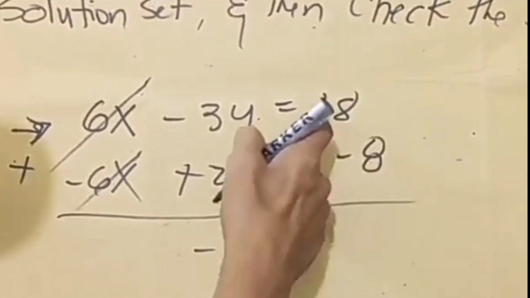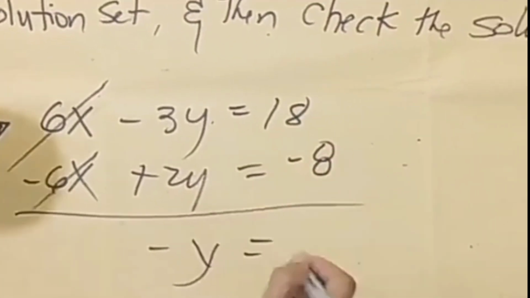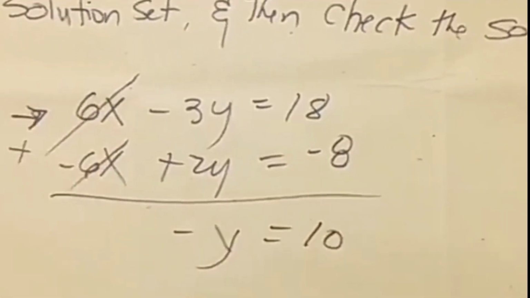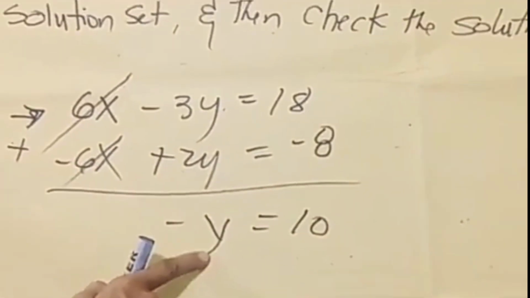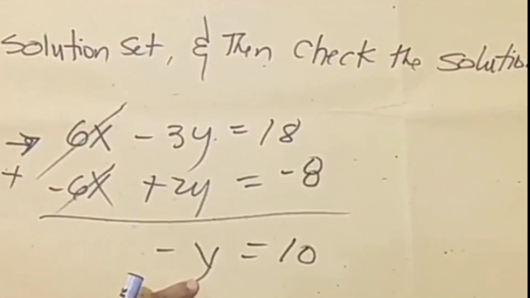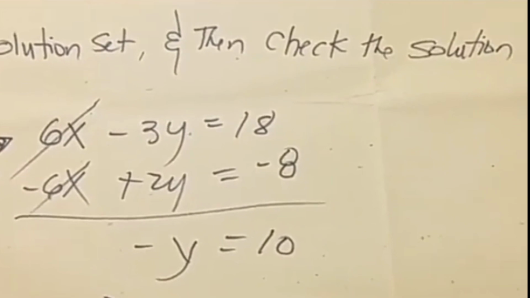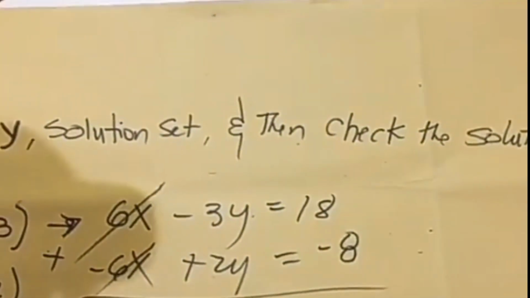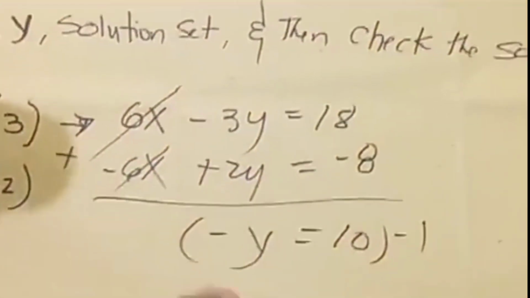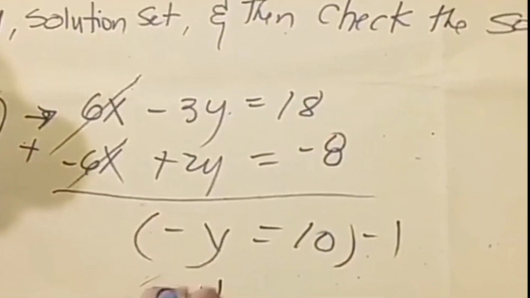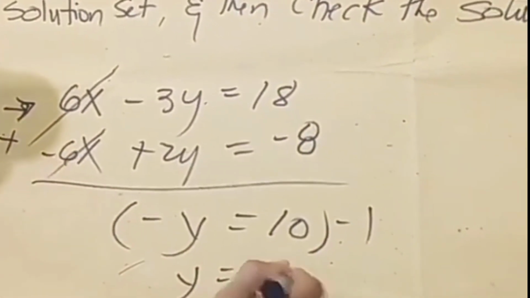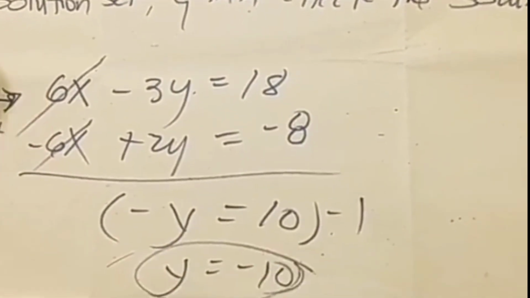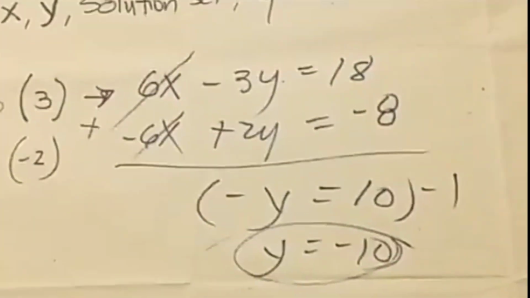Negative 18 minus positive 18 minus negative 8 is positive 10. The result is negative y, so it should be positive y. So what we're going to do is multiply this by negative 1, or divide by negative 1. So the result now is positive y equals negative 10. Therefore, this is our final value for y.